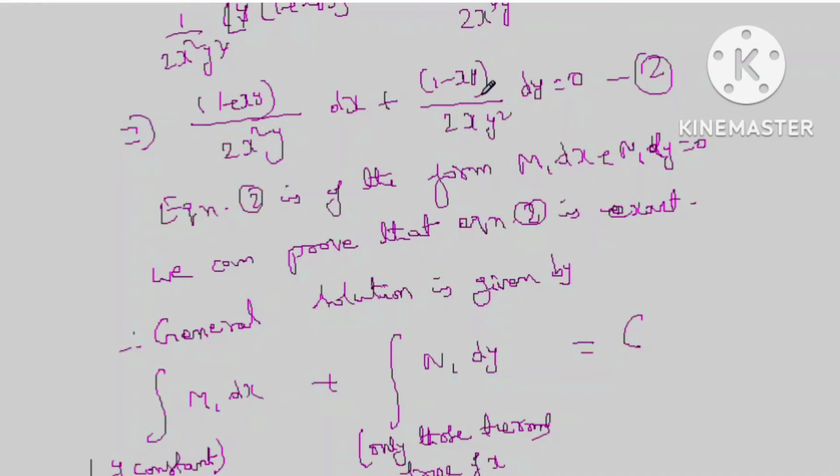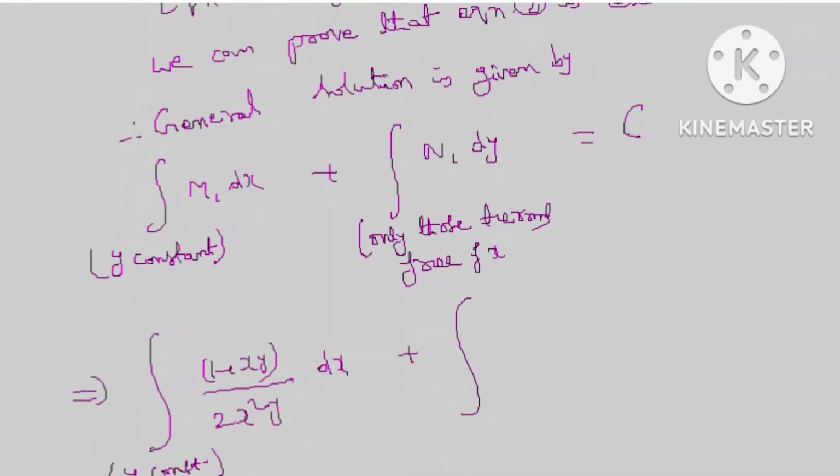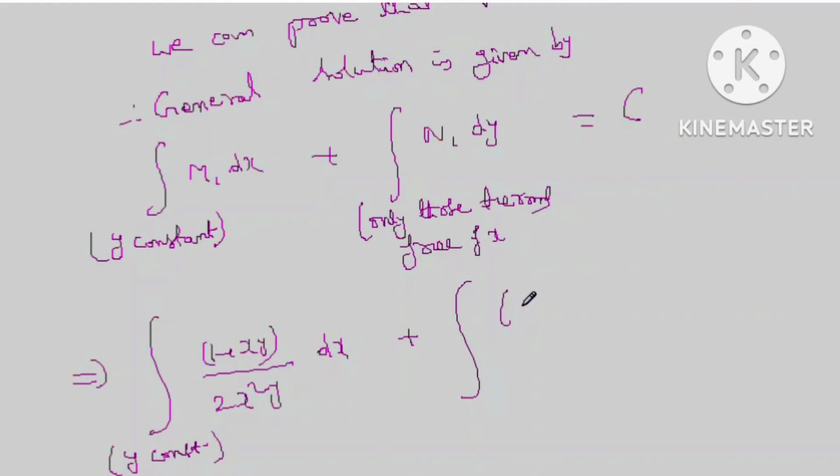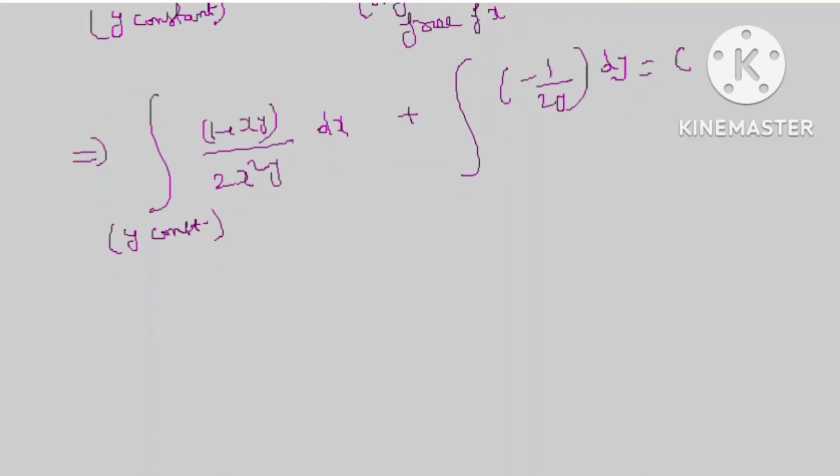Two terms. In the second term, x gets cancelled out, and y gets cancelled out in the denominator. So what remains is minus 1 by 2y, which is independent of x. So this is minus 1 by 2y dy is equal to constant of integration.